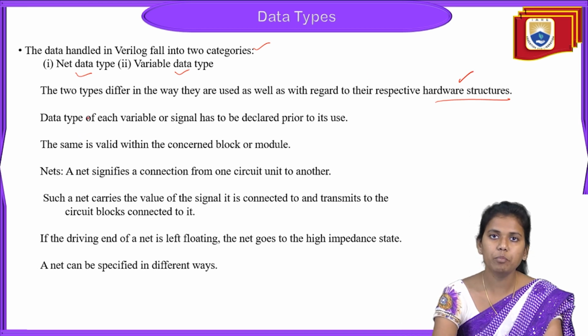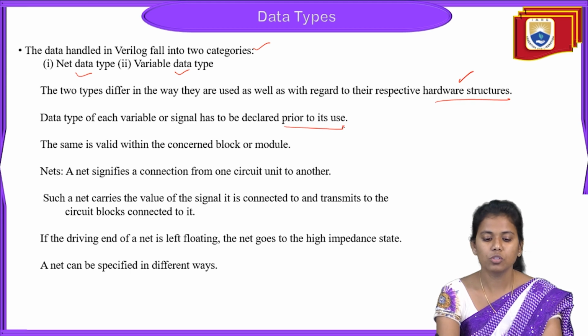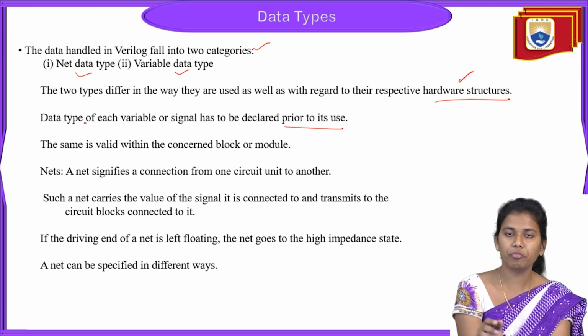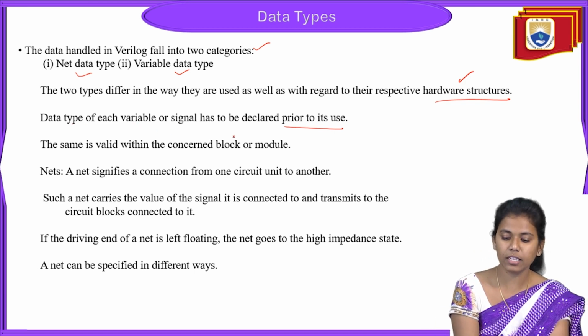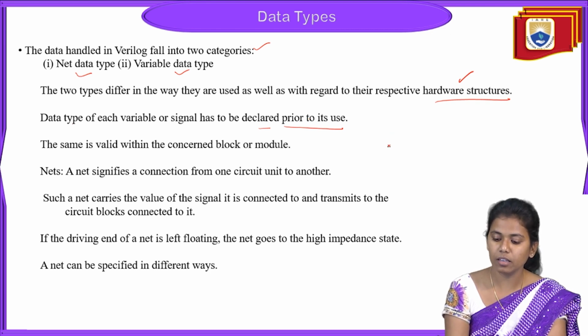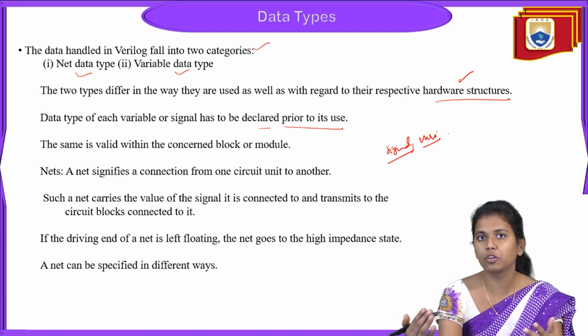Next, the data type of each variable or signal has to be declared prior to its use. The particular signal or variable has to be declared before we move forward into the program.